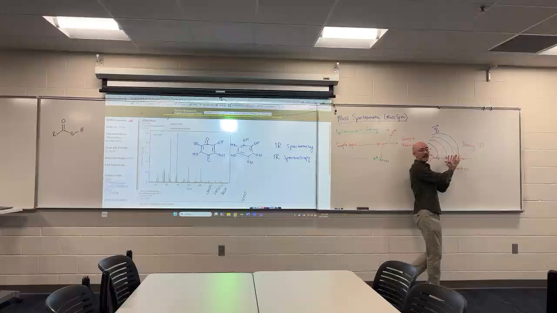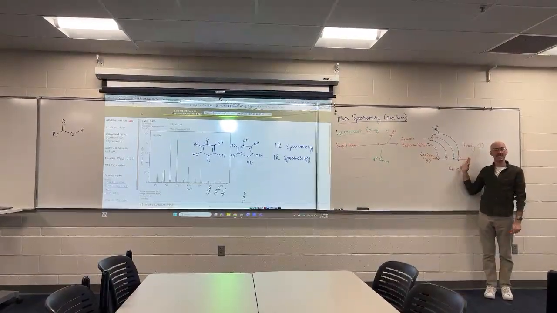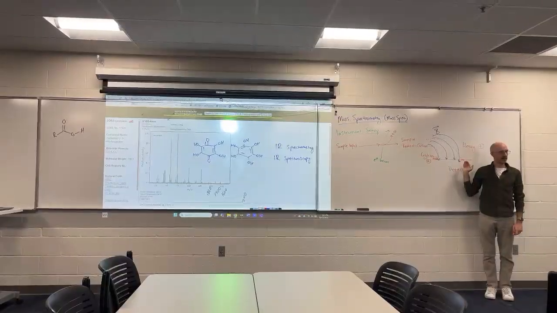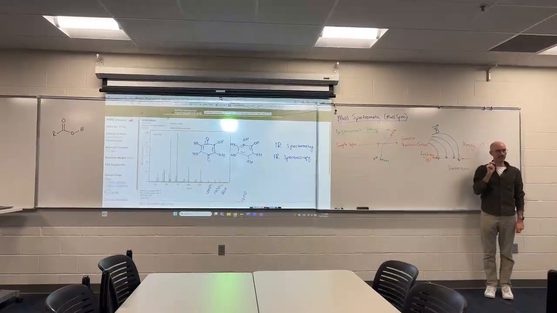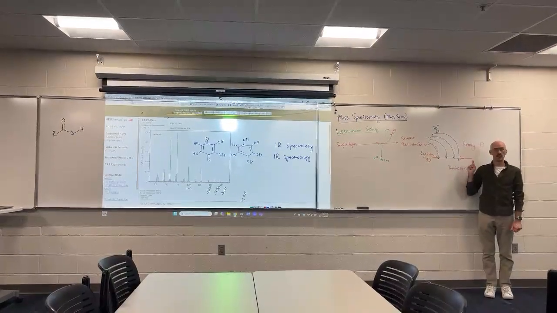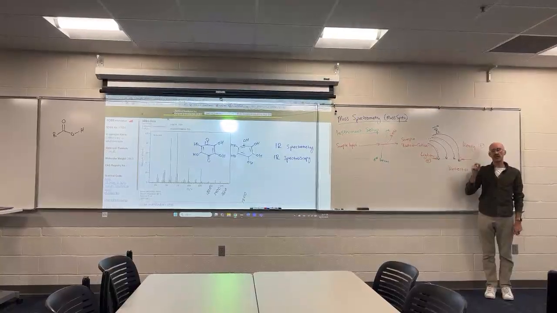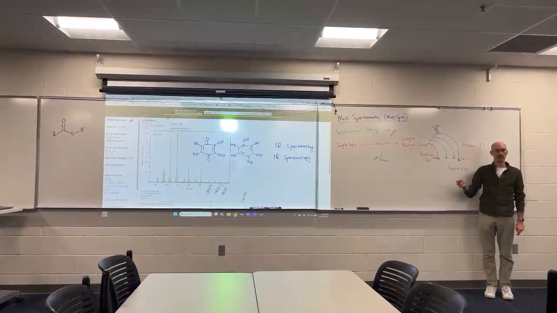But if my ion hit this side of the detector, that was a fairly heavy mass ion. And these detectors are incredibly good at what they do. They're very well refined. So you can get down to fractions of an atomic mass unit.